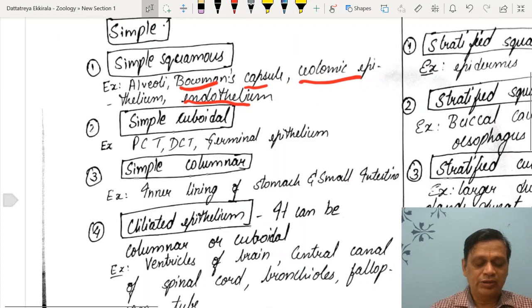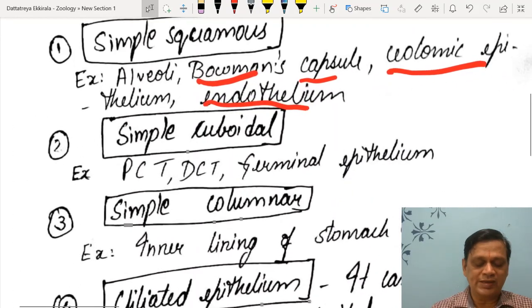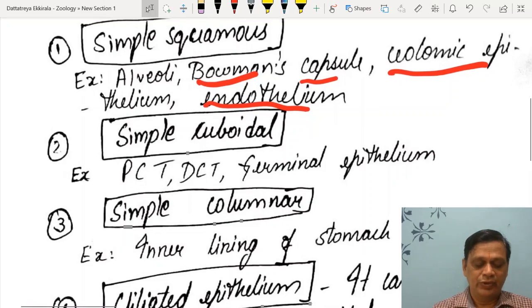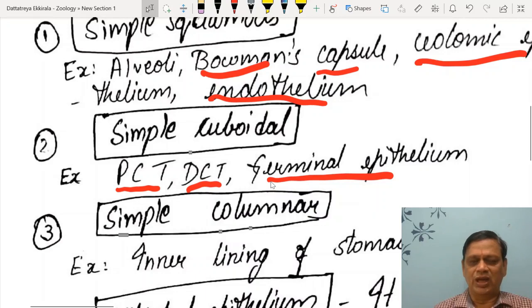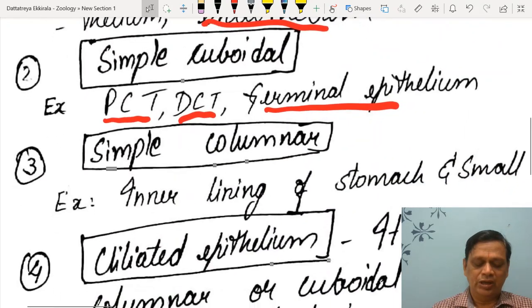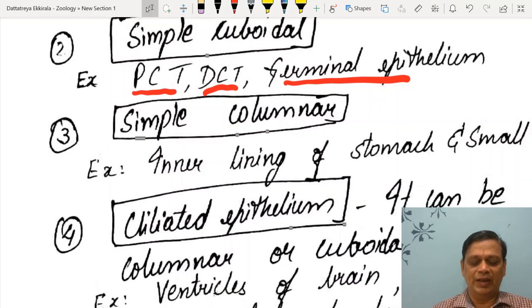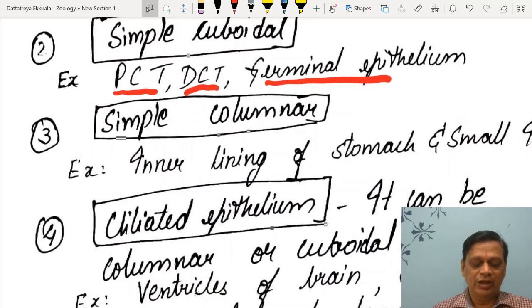Then coming to simple cuboidal, cube-like cells but one layer. So PCT, what is meant by PCT? Proximal convoluted tubule. DCT, distal convoluted tubule. These are present in nephrons. Then germinal epithelium lining the gonads, right? And even thyroid follicles. And column-like cells, tall pillar-like cells, are called columnar, and this will be present in the inner lining of the stomach and intestine with the mucus secreting goblet cells which help in protection.